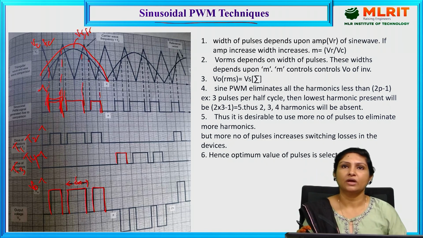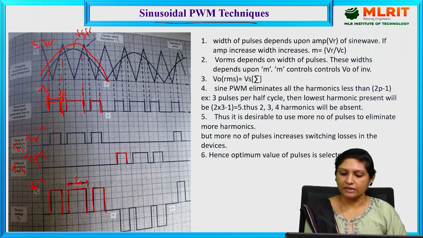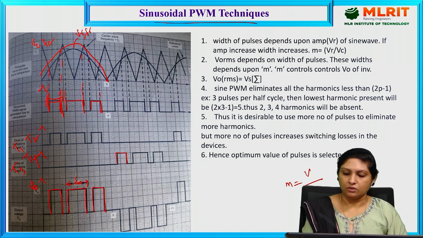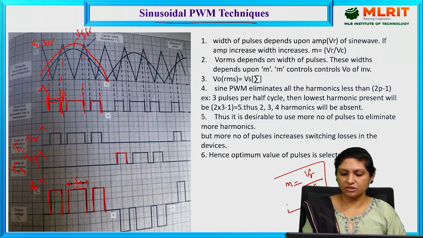And here, if the amplitude increases, the width of the pulses increases, and the modulation index is actually given by the ratio of the amplitude of the reference wave to that of the carrier wave. This is nothing but the modulation index.